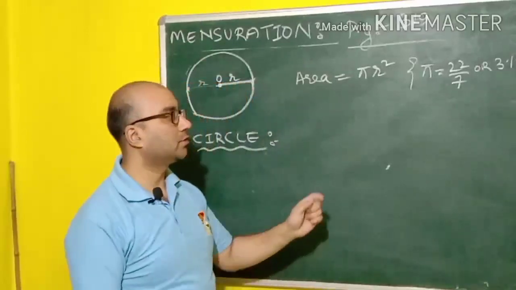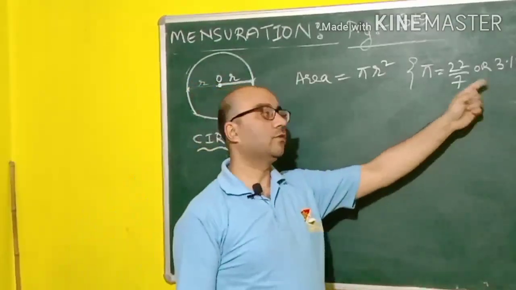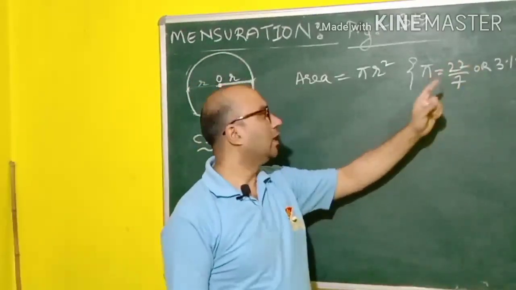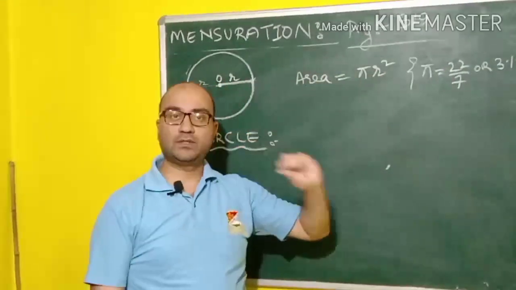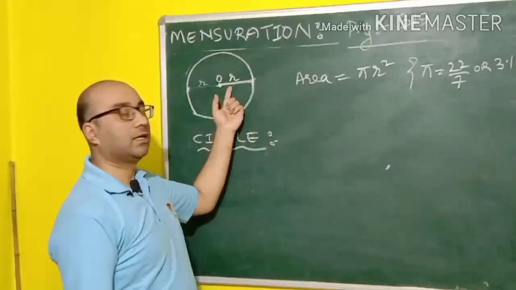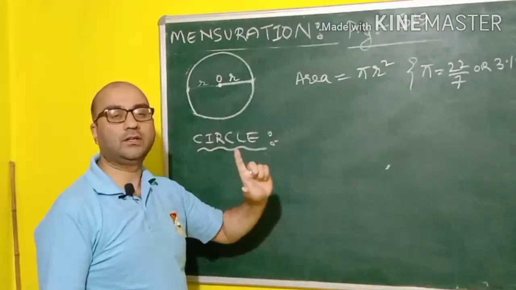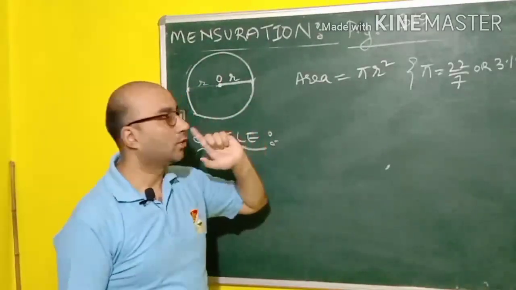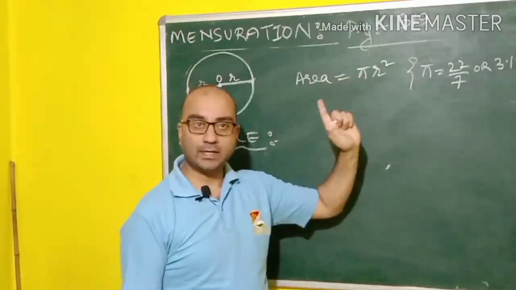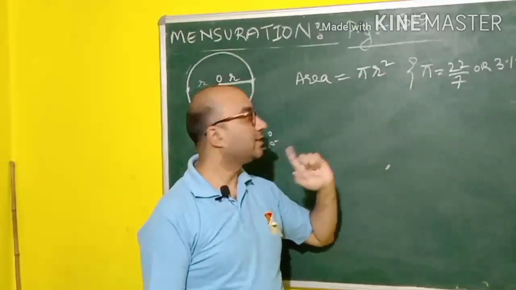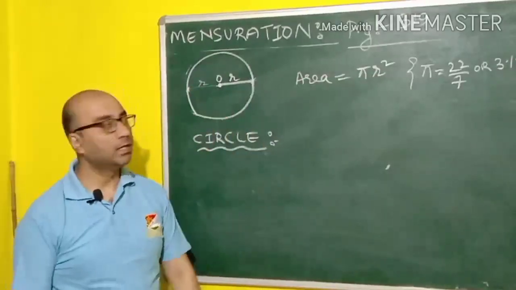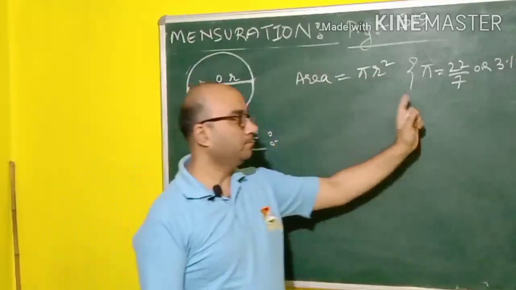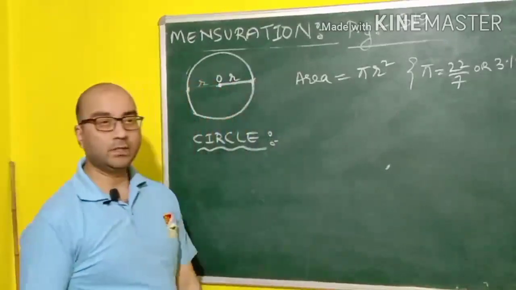If it is mentioned, take pi as 3.14, otherwise you can just use 22 by 7. Pi always remains constant irrespective of the length of the radius. Whatever the radius may be, pi will always remain the constant. So area is equal to pi r square, where pi is 22 by 7 or 3.14, and r is the radius of the circle. This is the formula that gives us the area of a circle.